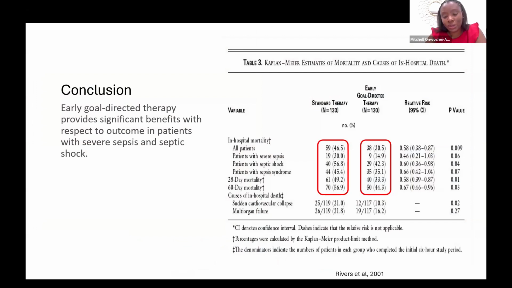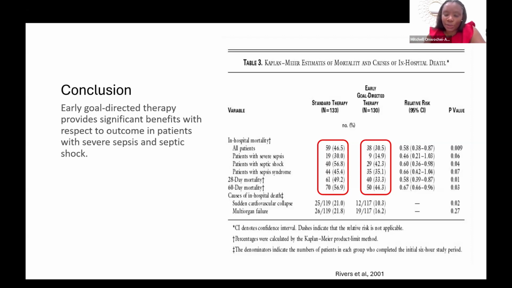The mortality was 30.5% versus 46.5% in those who underwent standard therapy. The 28-day mortality was 33.3% versus 49.2%, and the 60-day mortality was 44.3% versus 56.9%. So he concluded that early goal-directed therapy provides significant benefits with respect to outcome in patients with severe sepsis and septic shock. And this then became the standard of care.